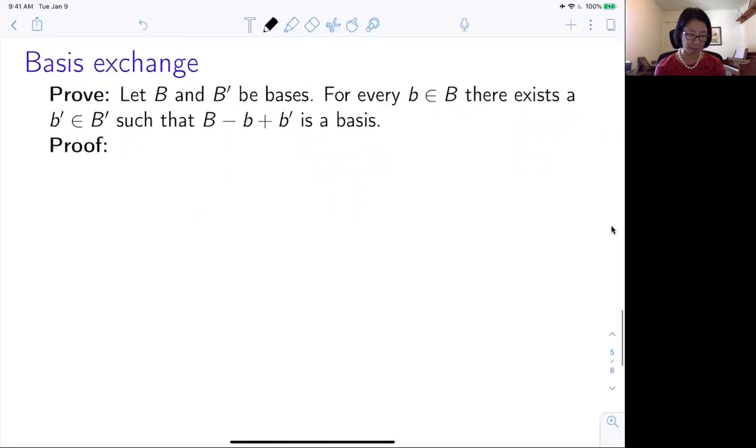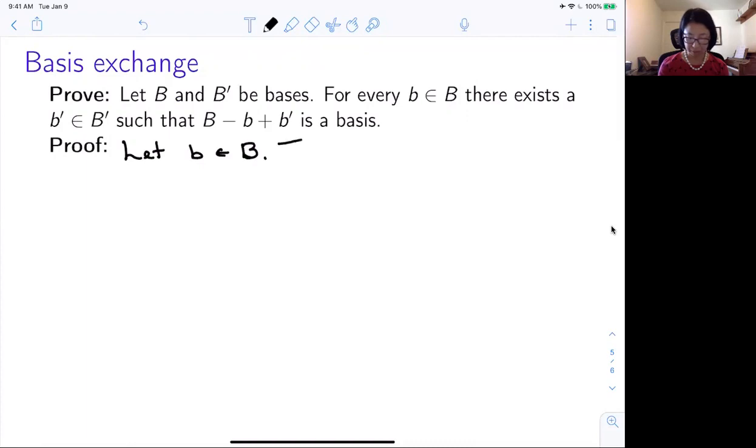What else can we show? So let's think about basis exchange. So if I have two bases, I can take an element out of capital B and throw an element from B prime in and get a basis. Okay, so let little b be in capital B. Because capital B is independent, every subset has to also be independent.